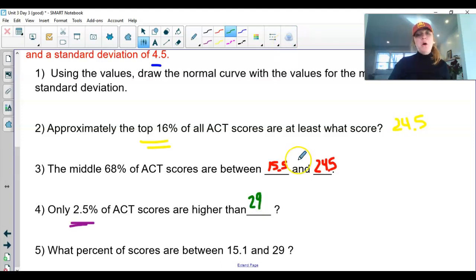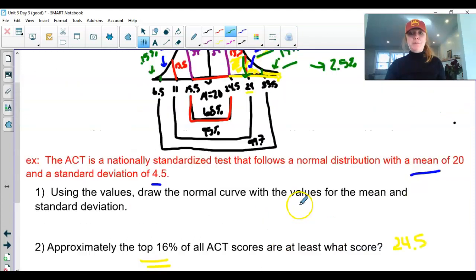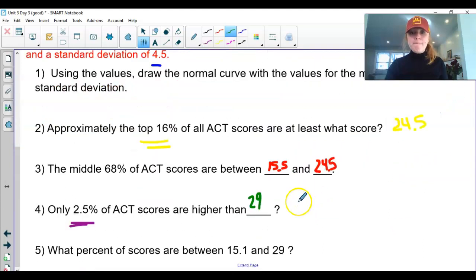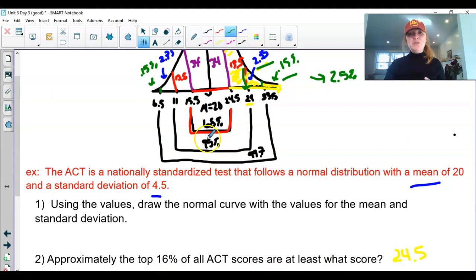And last question, what percent of scores are between 15.1 and 29? I'm going to change this to 15.5. I can't do a 15.1, guys, because that's not on the graph, and we haven't learned how to do that yet. But I can do a 15.5.